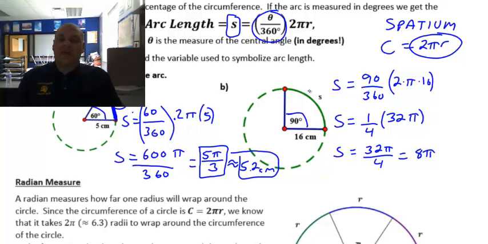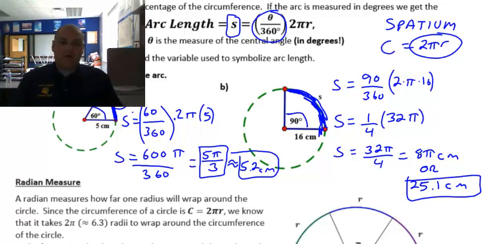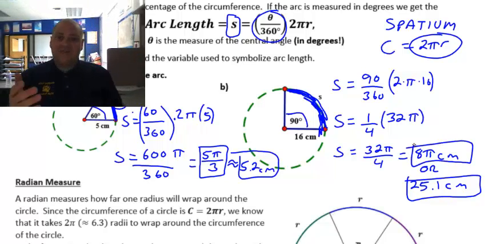So the length of this arc right here, if I take a tape measure and measure how long this was in centimeters, because my radius is in centimeters, so my arc length needs to be in centimeters, would be 8 pi centimeters, or 25.1. 8 pi or 25.1, depending on if they want it in terms of pi, an exact value, or if they want it rounded to the nearest tenth.